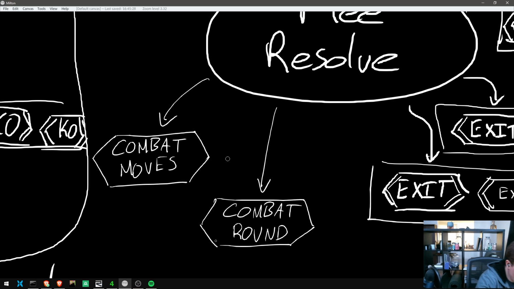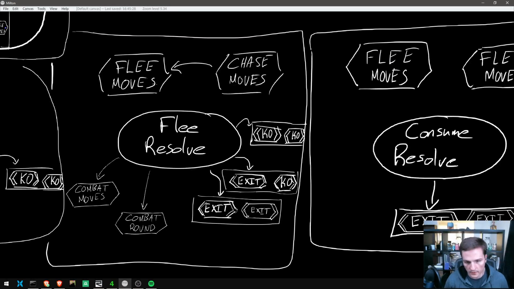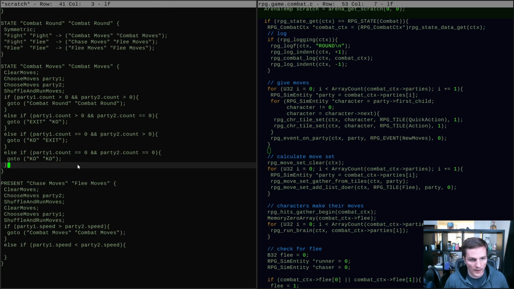And sometimes it'll do those other more rare exit scenarios, like here's if the runner gets away, and then these are if someone gets killed, which could happen, although it should be a more rare outcome for these.